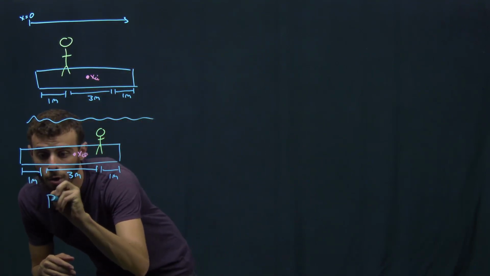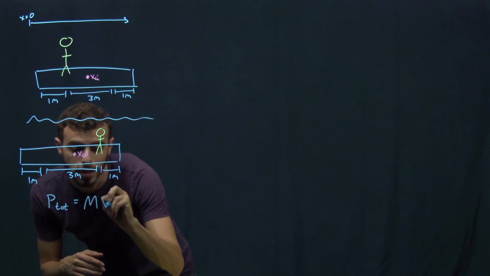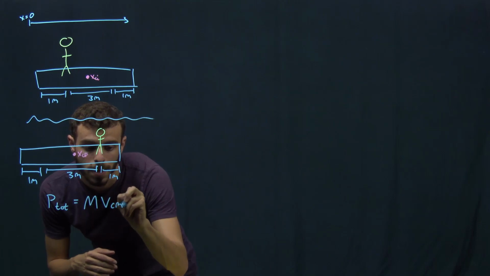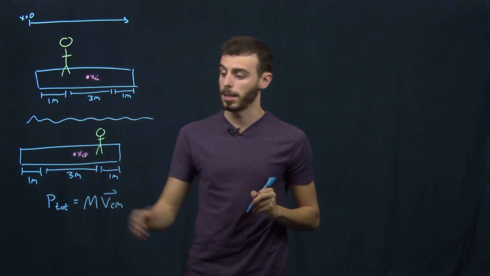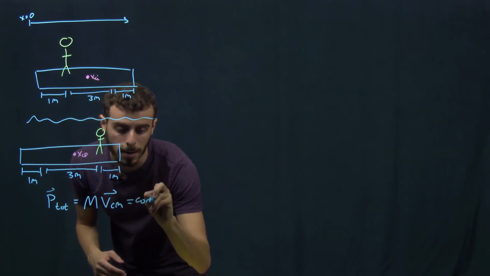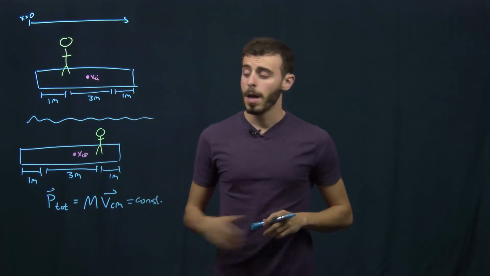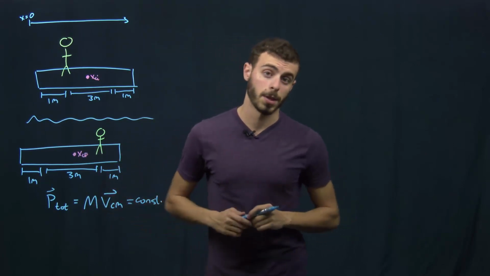So that's to say our total momentum, which we defined at the beginning of this video, the total mass of our system times the center of mass velocity, is going to be constant. That's what it means for momentum to be conserved. And so we can actually say something even a little bit stronger, right?